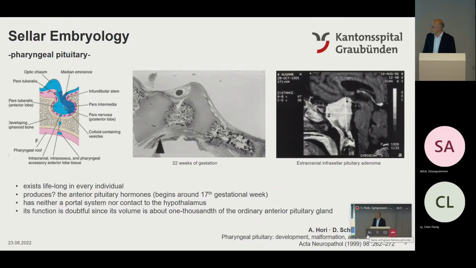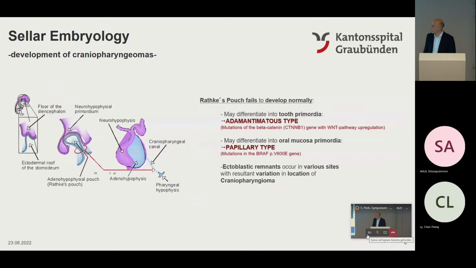Of course, most ectopic pituitary tumors are in the sella or in the sphenoid sinus, but some may also arise in the pharynx or even the clivus, like in this case. Craniopharyngioma is a topic for today, and this craniopharyngeal canal may dedifferentiate, and most craniopharyngiomas arise from this part.